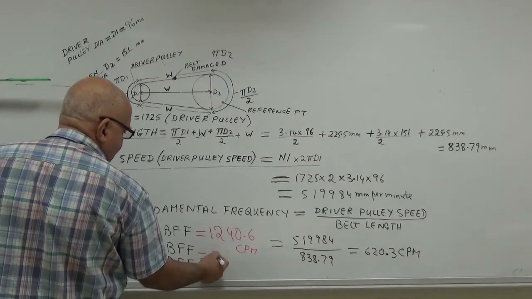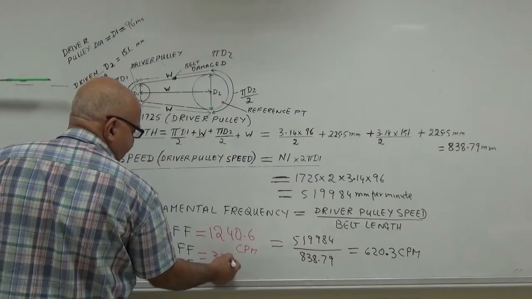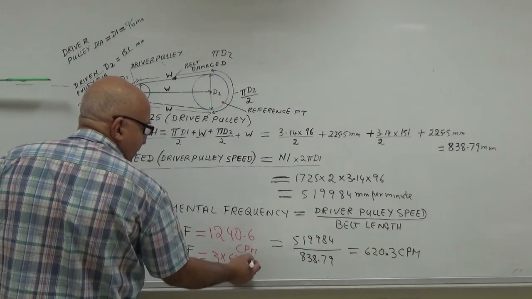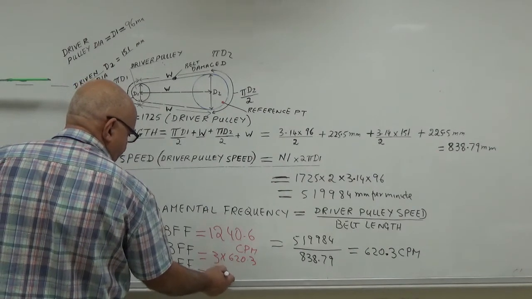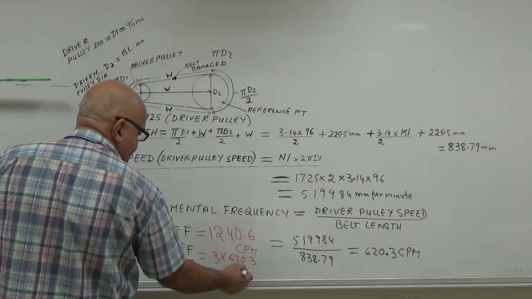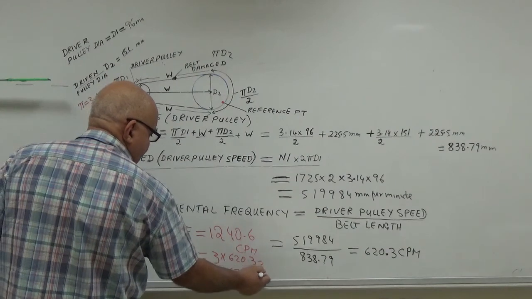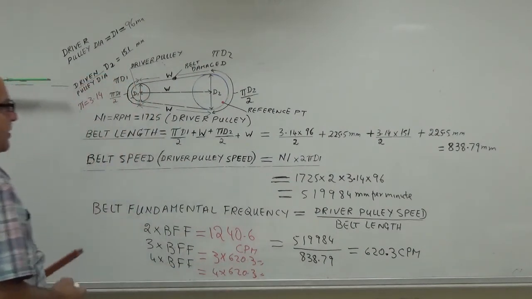This will be 3 multiplied by 620.3, and this will be 4 multiplied by 620.3. Okay.